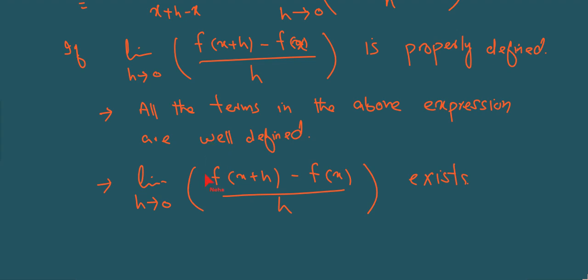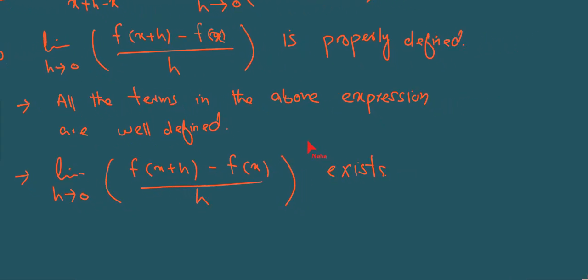Yeah. Mostly. Okay. Now, what does it mean when I say this word? The function f of x and f of x plus h are well defined. That means basically all the terms are well defined. It means f is continuous.